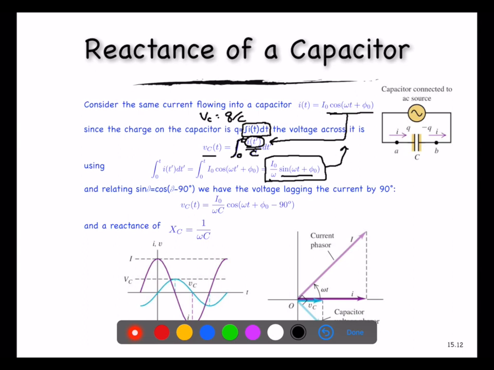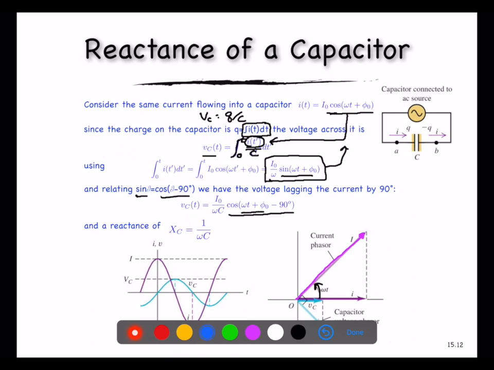So I'm going to use the fact that sine of phi is equal to cosine of phi minus 90 degrees to write this as a cosine. So I'm going to write it as a cosine of my original argument minus 90 degrees. And what that does is it lets me say that if the current is again a phasor at one particular time, I'll draw it sort of up and to the right at 45 degrees, but that's just at some arbitrary time where it's rotated that far.